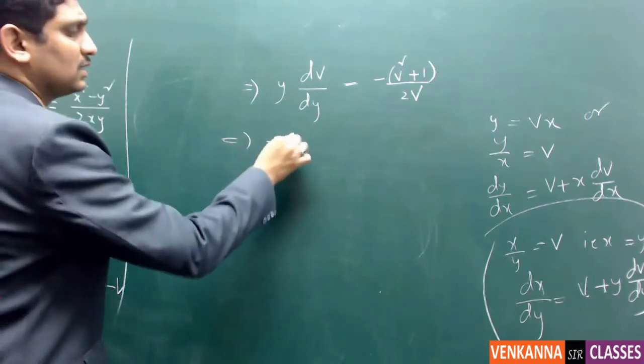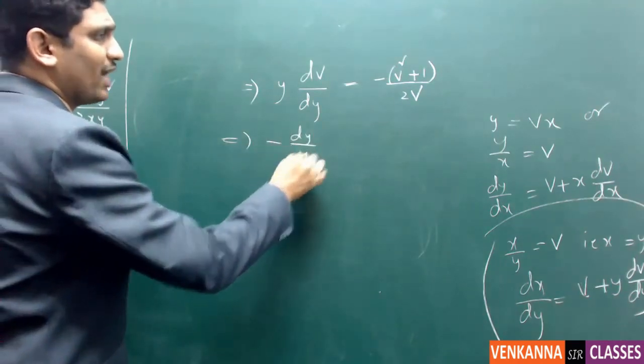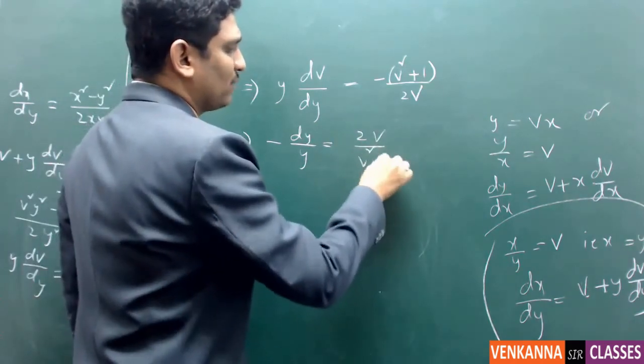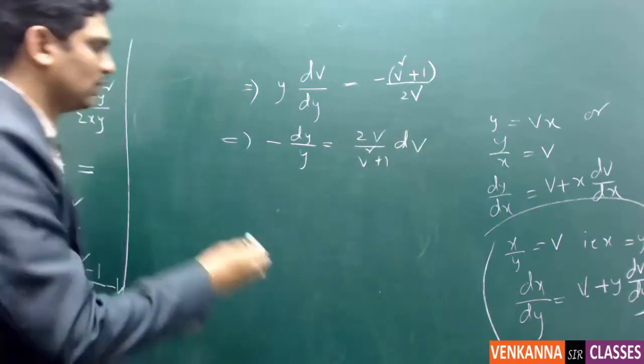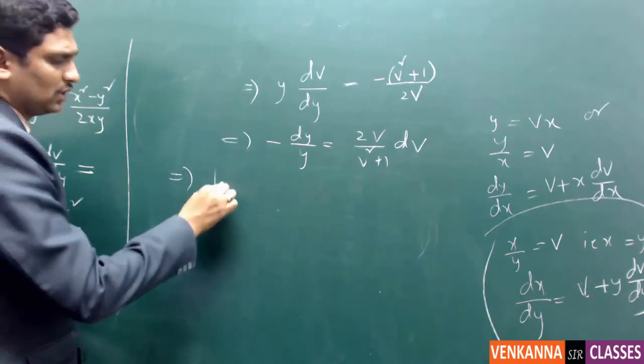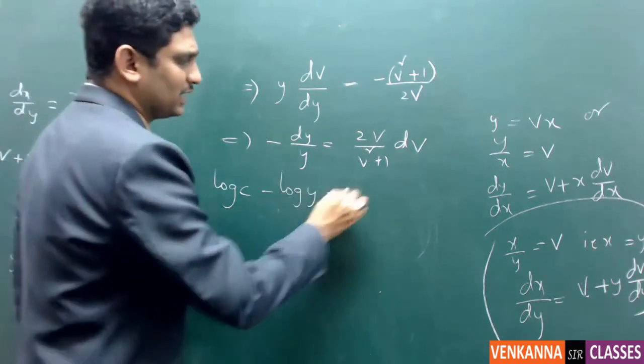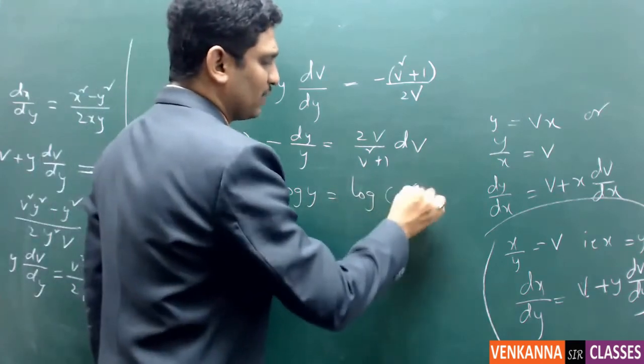This implies minus dy by y is equal to 2v by v square plus 1 into dv. So on integration, with the integration constant log c, we have minus log y is equal to log of v square plus 1.